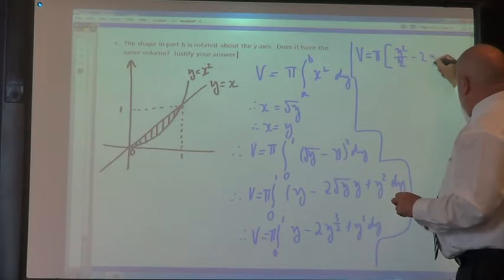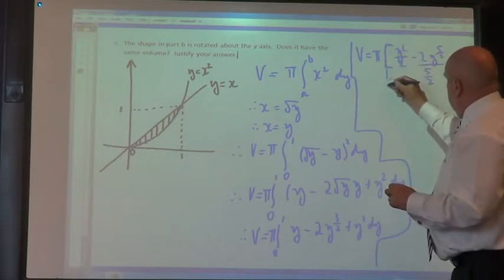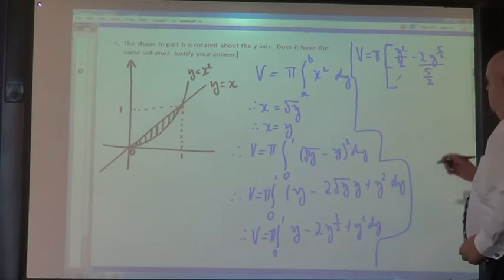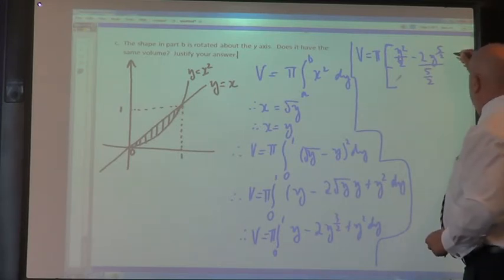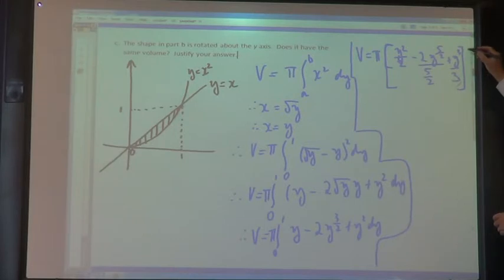So 2y to the 5 on 2, over our new index. We'll have to tidy that up in a minute. And what have we got here? Plus y cubed on 3. Our limits are 1 and 0.